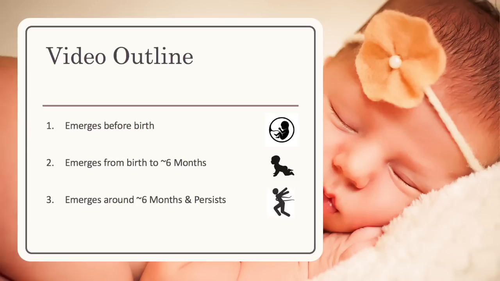The second part will be those reflexes that emerge at birth and shortly thereafter, all of which get integrated at some point. And in the third and final portion of the video, I'm going to talk about lifetime reflexes, which means that they do not get integrated and they persist throughout our lifetime.